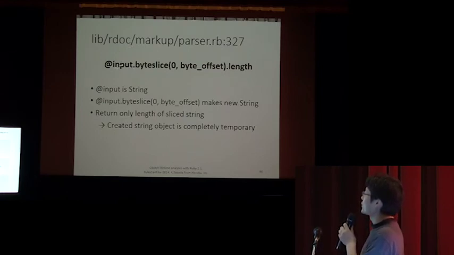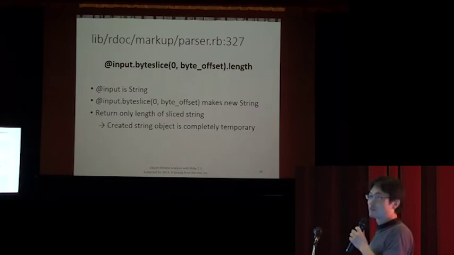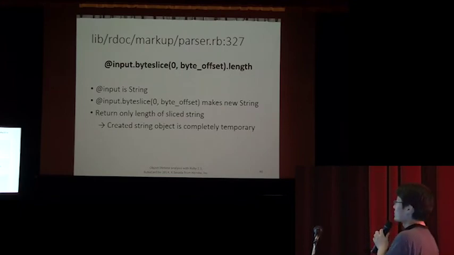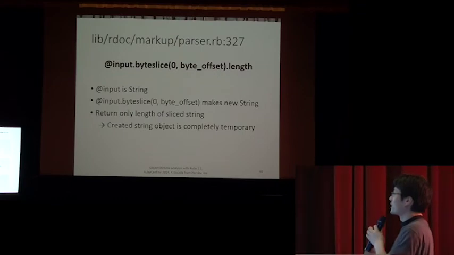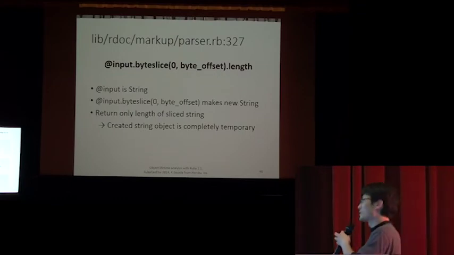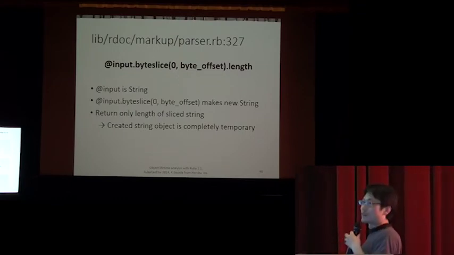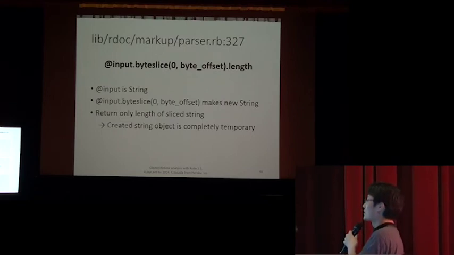This is a string, and the string byte slice method creates one string, and this string is only used to calculate the length of this split slice of string, so this temporary object will be useless after that.